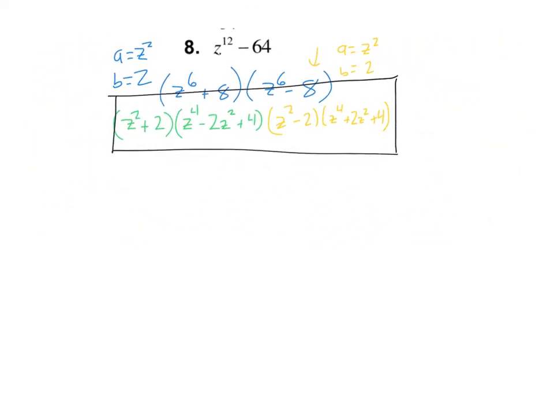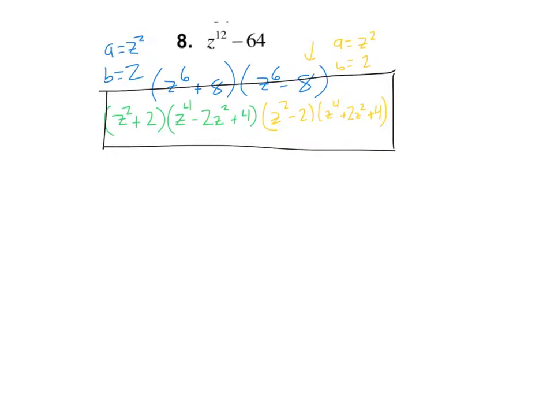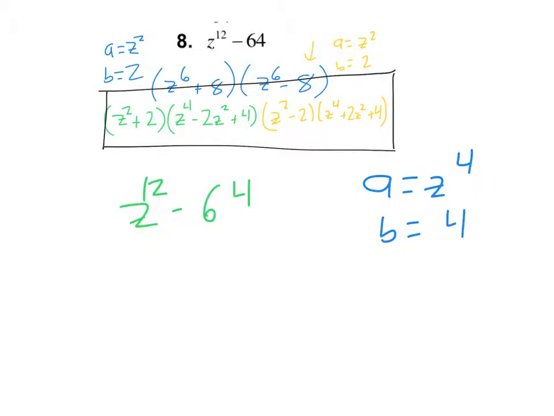Okay? But now what if I would have first noticed that this was a difference of perfect cubes? Okay, if you went that route, then your a is z to the 4th, your b is 4. Okay?